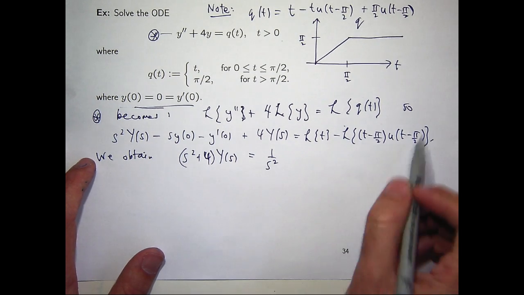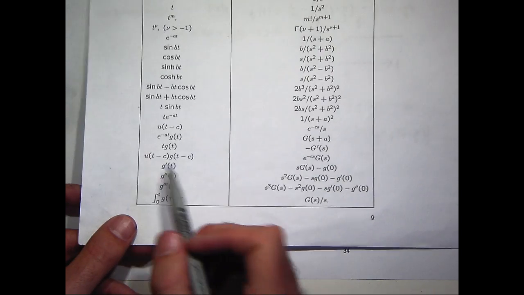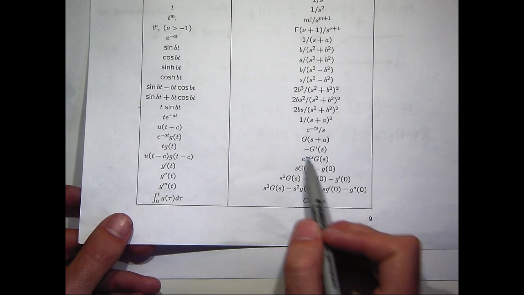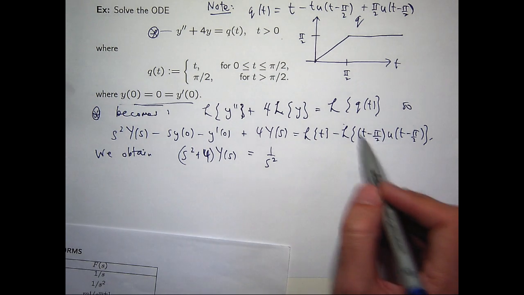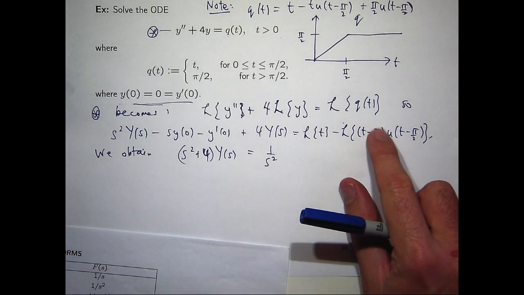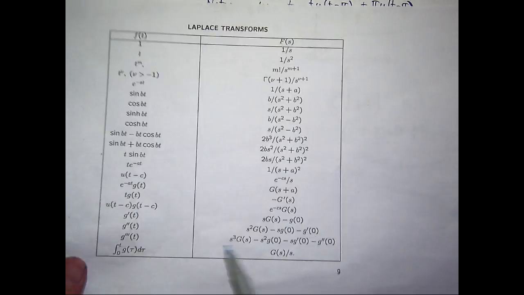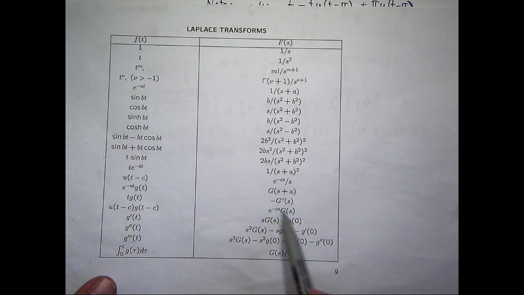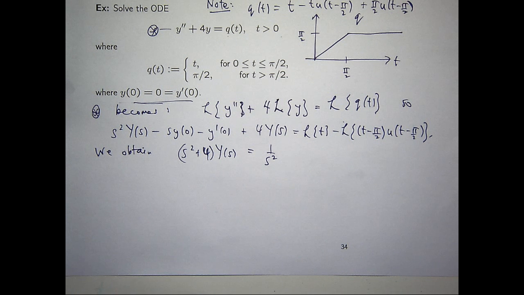And what's the Laplace transform of this product here? Well, by the second shifting theorem, it's this exponential times the transform of this sort of unshifted function here. Okay, so if you just cover that up, you'll get t. So essentially, I just want to take the Laplace transform of t here and then multiply through by e to the minus pi on 2. Okay, so it's a second shifting theorem.